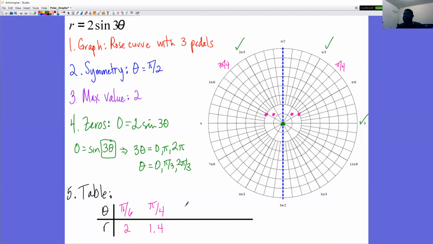And then at pi over 2, remember at pi over 3 it's 0, so we skipped that, so go to pi over 2 next. At pi over 2, you get -2. So that means from on the radial line, I have to go 2 units in the opposite direction. So that puts the point here.